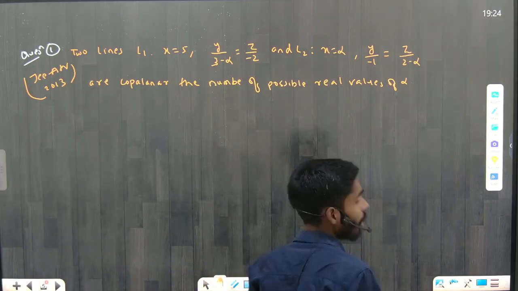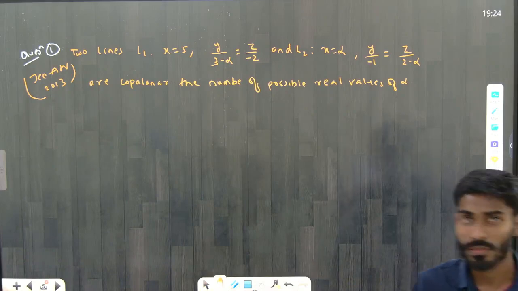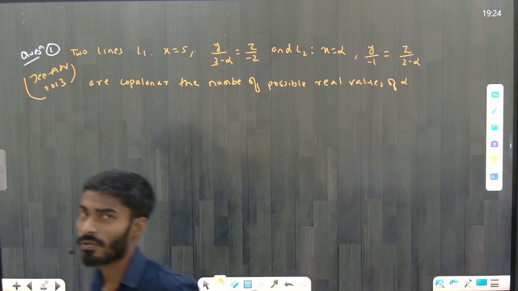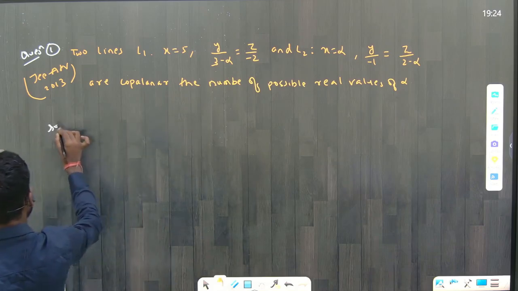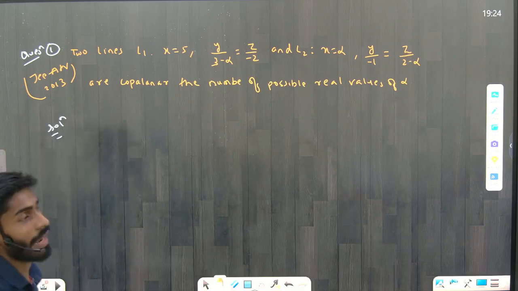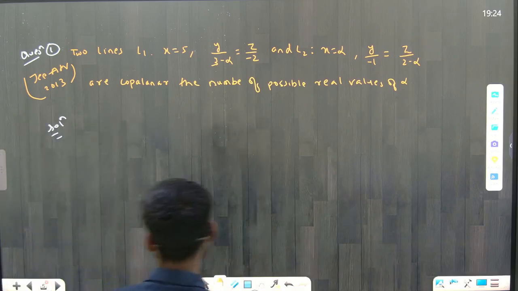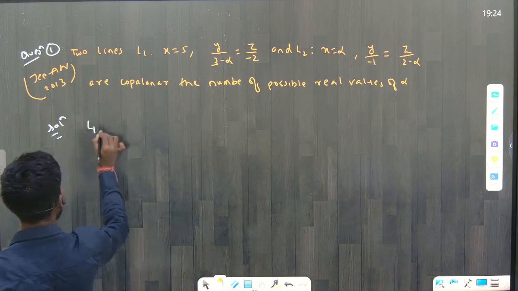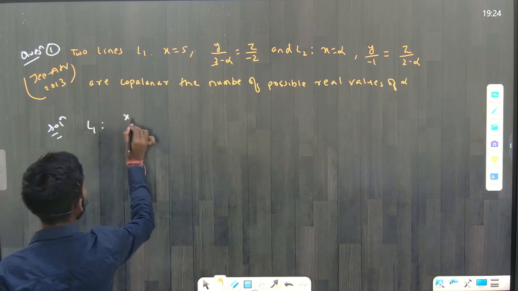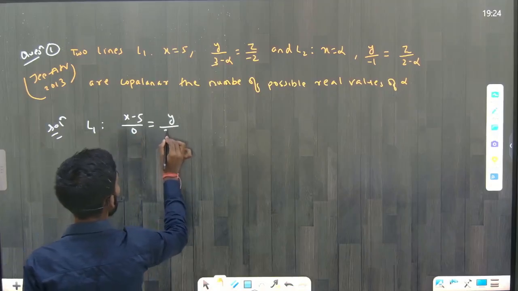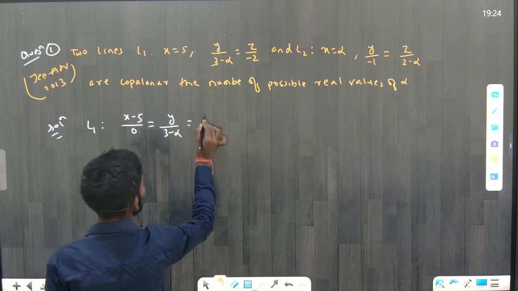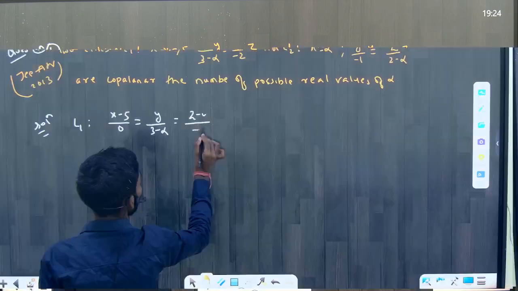Now I am going to discuss this question. First of all we write line L1 in the standard form. What is the standard form? Line L1: x minus 5 by 0 is equal to y by 3 minus alpha is equal to z minus 0 by minus 2.